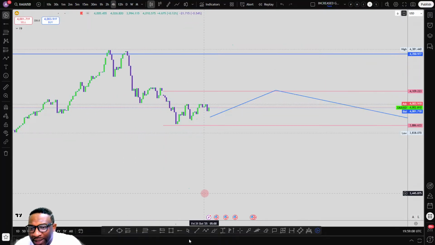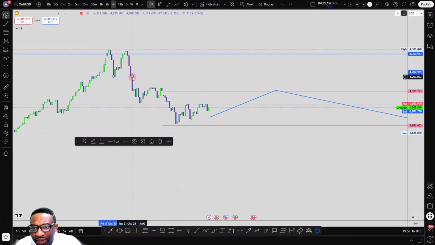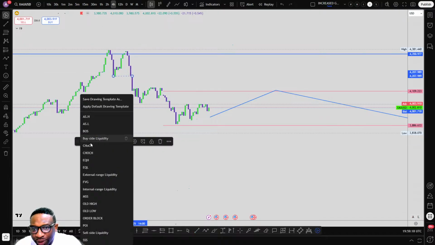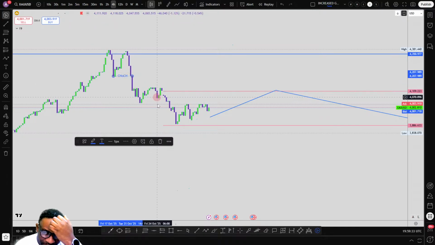Now we can see clearly that we have had this area of break. We call it break of structure, change of character, whatever, it is a break. With this, we want to see price coming back to this area.